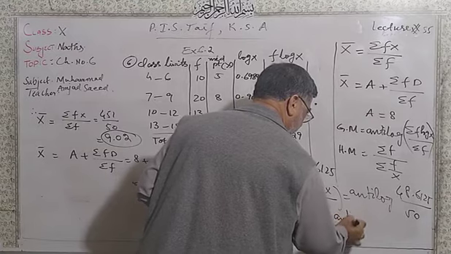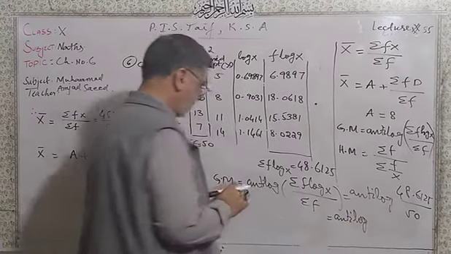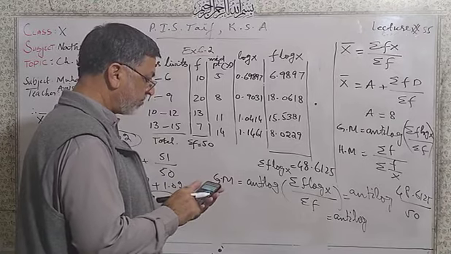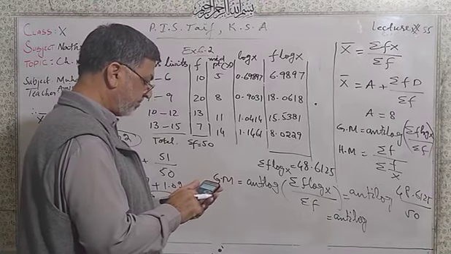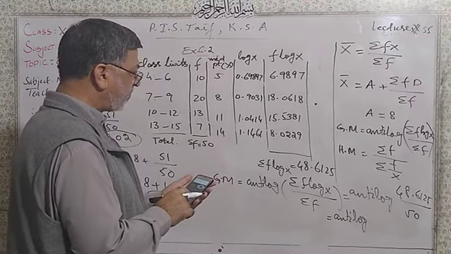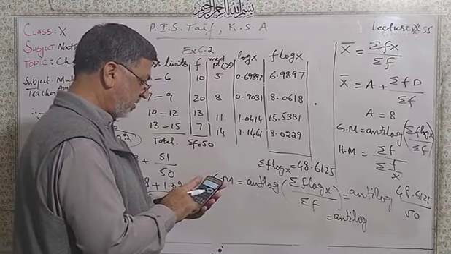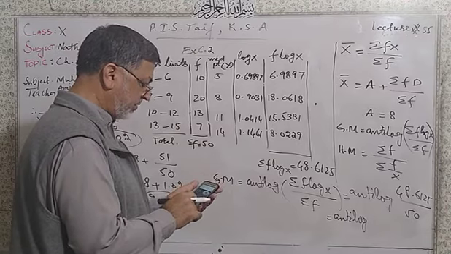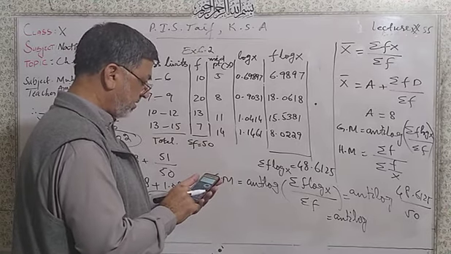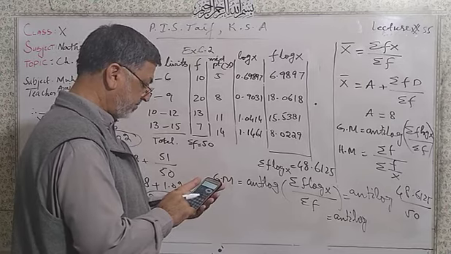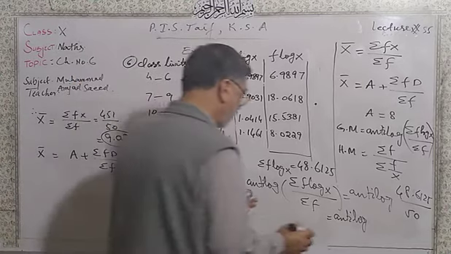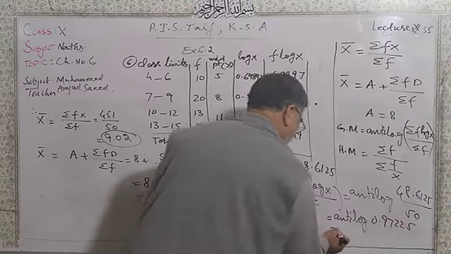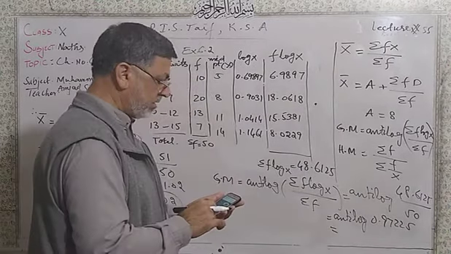So anti-log, we will divide this number 48.6125 divided by 50. That will be anti-log 0.97225. Now we will take anti-log.